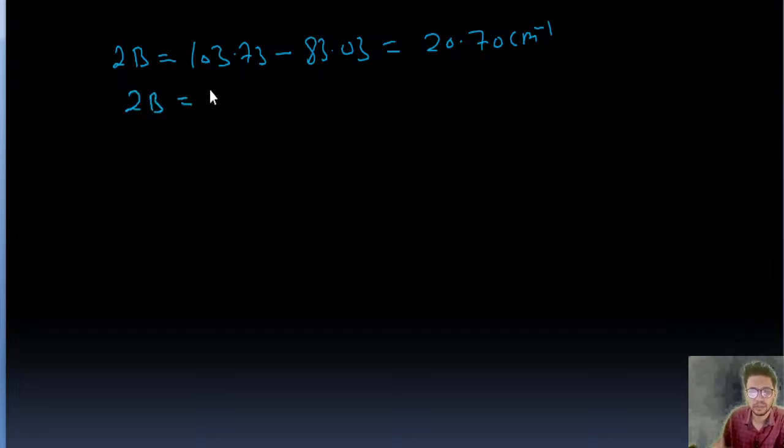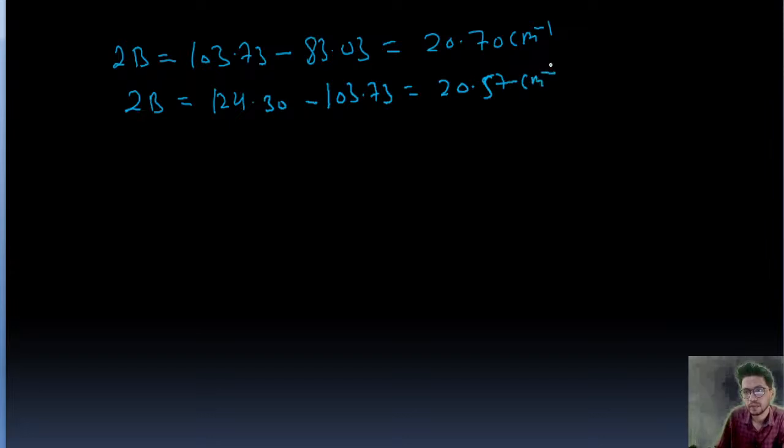So 2B is going to be 124.30 minus 103.73, and this value is going to be 20.57 centimeter inverse.